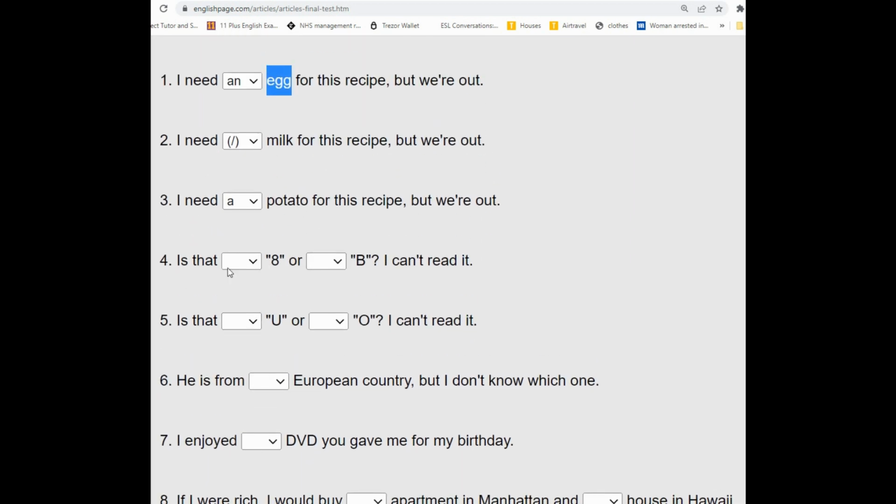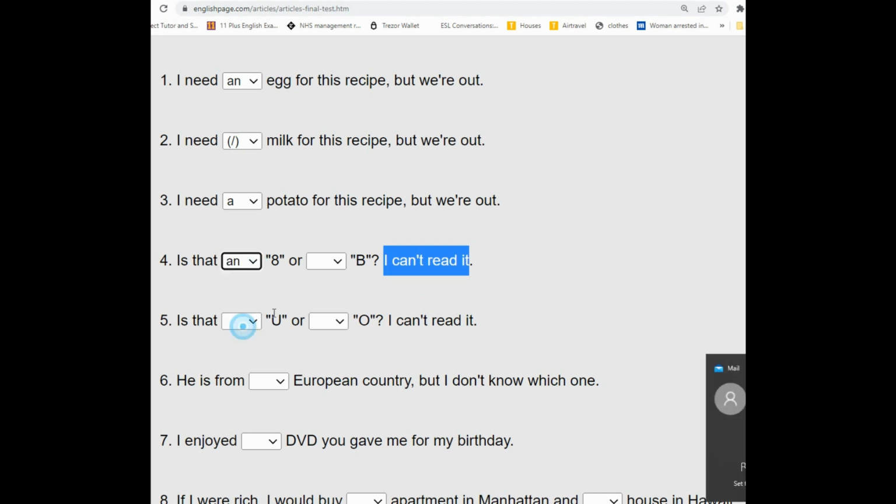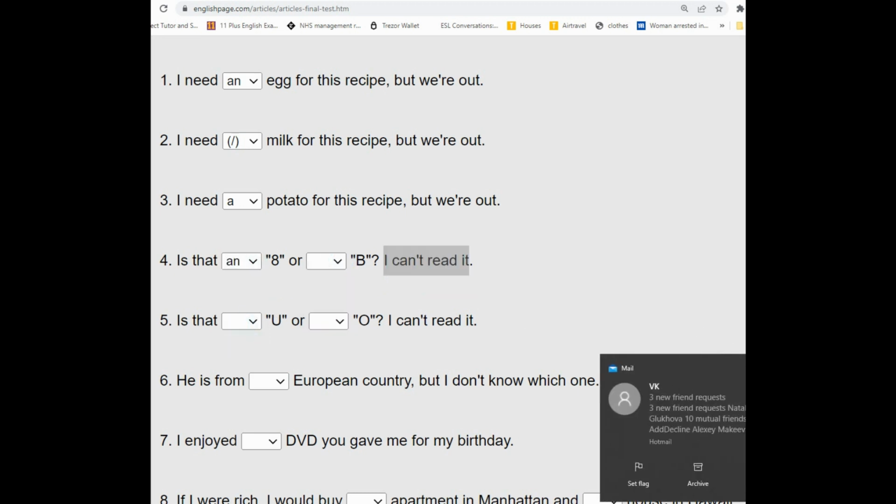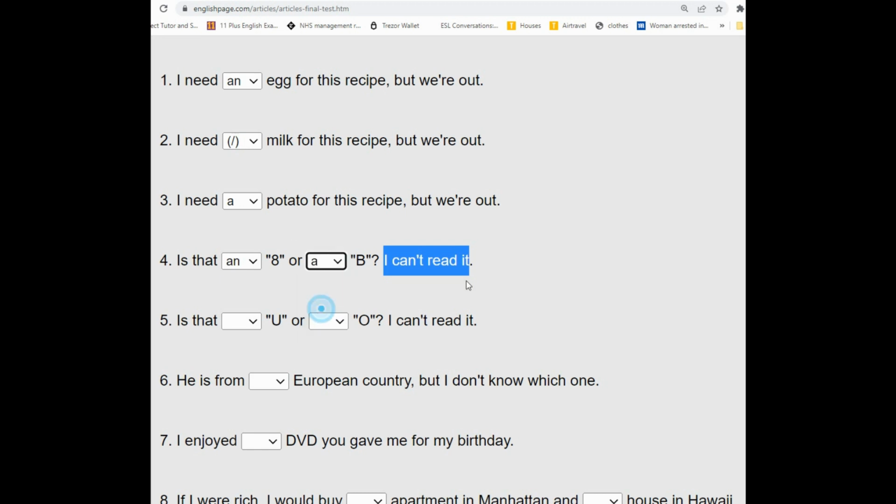Okay, number 4. Is that 8 or B? I can't read it. We're looking at lots of different symbols here, and this is why we need to say an 8 or a B. Is that an 8 or a B? I can't read it. We're not talking about a specific type of 8.